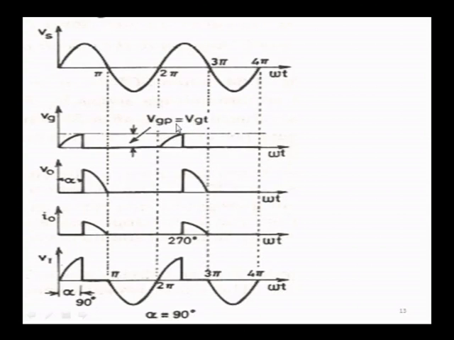If this VGP peak voltage is equal to the gate trigger voltage, your SCR will turn on exactly at 90 degrees. Here you have seen the output voltage V naught shown for alpha of 90 degrees, I naught is also shown, and thyristor voltage is also shown.